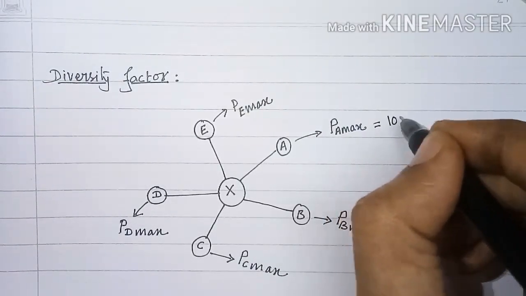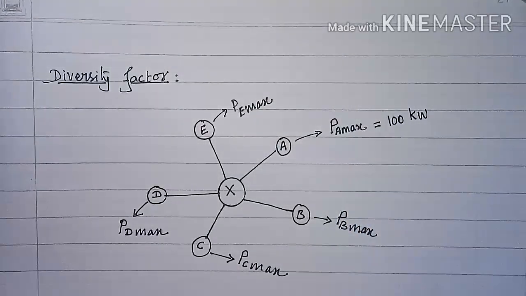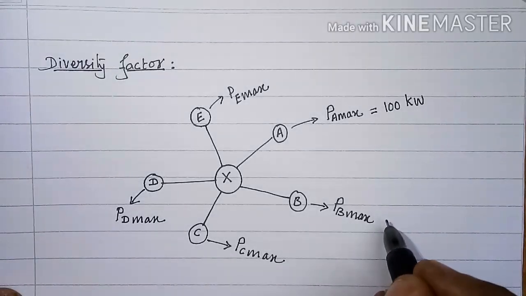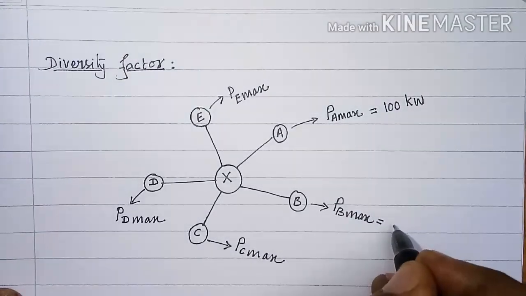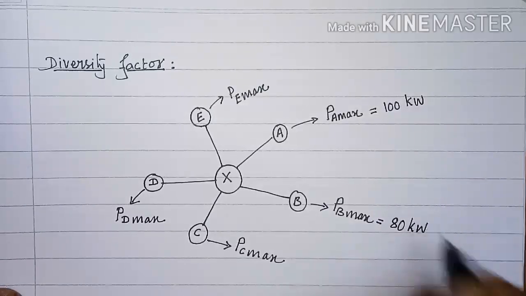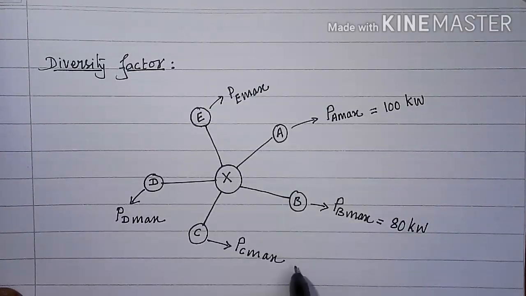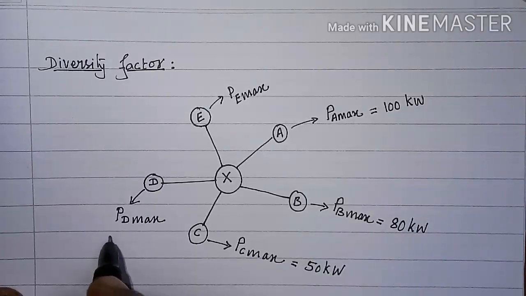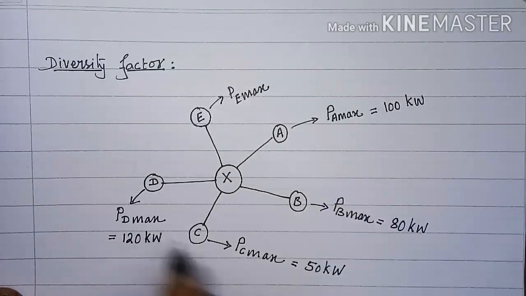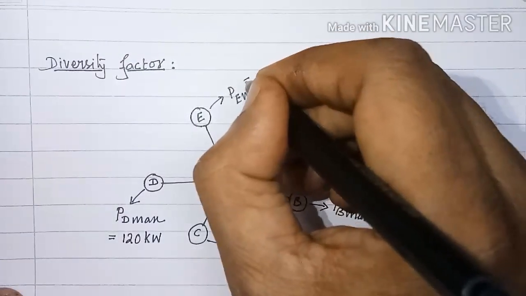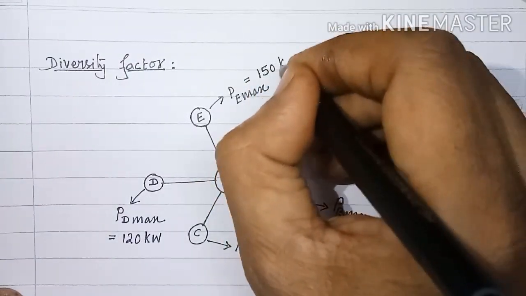Say PA max is 100 kilowatt, PB max is 80 kilowatt, PC max is 50 kilowatt, PD max is 120 kilowatt and PE max is 150 kilowatt.